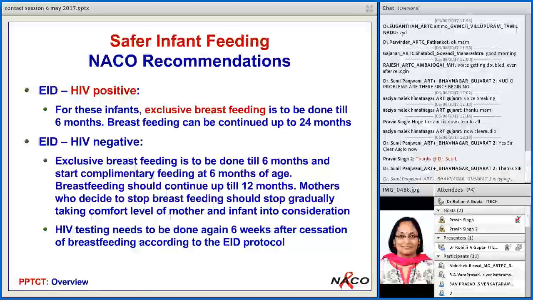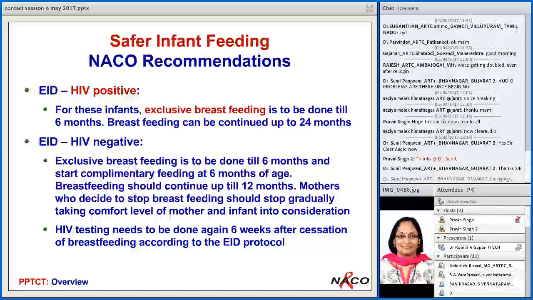If a DBS comes positive, we repeat the DBS. If 2 DBS show HIV DNA detected, the baby is started on ART. So if the baby is HIV positive, for these infants, exclusive breastfeeding can be continued up to 2 years.